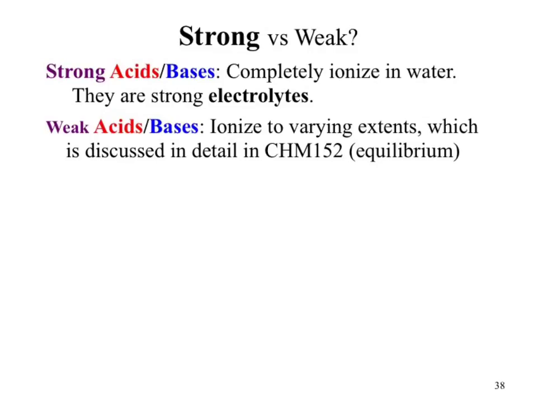So if I give you HBr, you need to be able to tell me that that is a strong acid or a weak acid. Which is it? Strong. How do you know it's strong? Prior knowledge. What is your prior knowledge? Writing down strong acids.